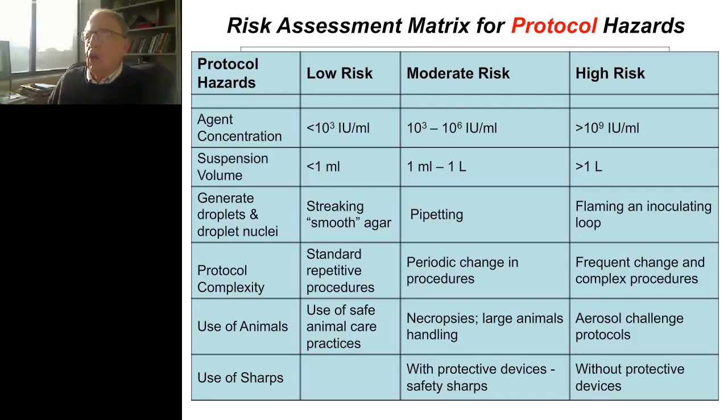You look at things at low risk as being less than 1,000 organisms, less than 1 ml in volume, streaking smooth agar, standard repetitive procedures, and those are all low-risk activities. On the high-risk side, though, if you're dealing with agent in really high concentration, greater than 10 to the 9th, greater than a liter of fluid, if you're flaming an inoculating loop, for example, frequent changes in complex procedures that you might be following, then those are at higher risk.